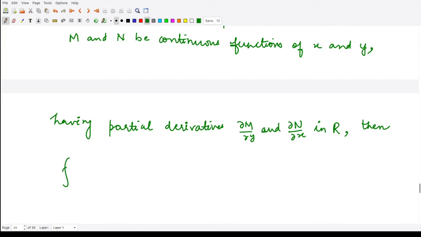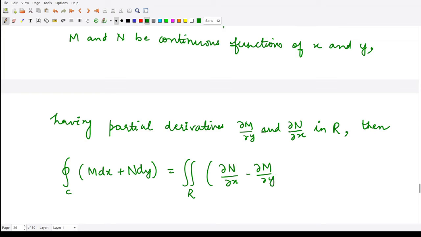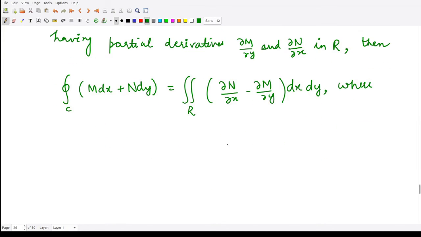It says that integration over the closed curve C of the function M dx plus N dy is equal to the double integration over the region R of the quantity del N by del x minus del M by del y dx dy, where the closed curve C is traversed in the positive direction.